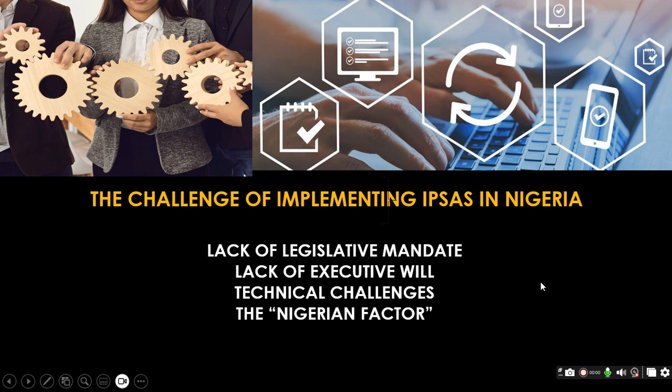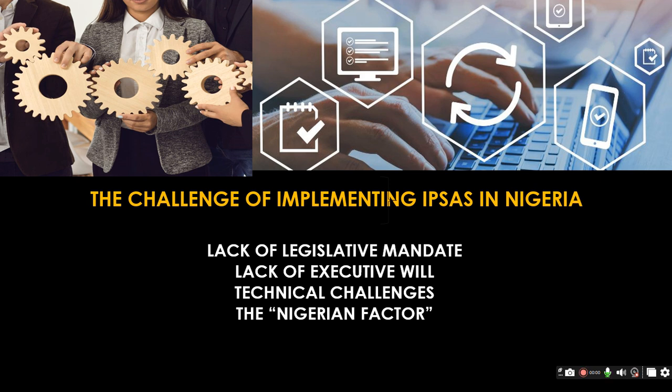What are the challenges that confront Nigeria's implementation of IPSAS? The first one is lack of legislative mandate. There is no law right now backing Nigeria's adoption of IPSAS. The next thing is lack of executive will. Let's leave the legislative mandate aside.